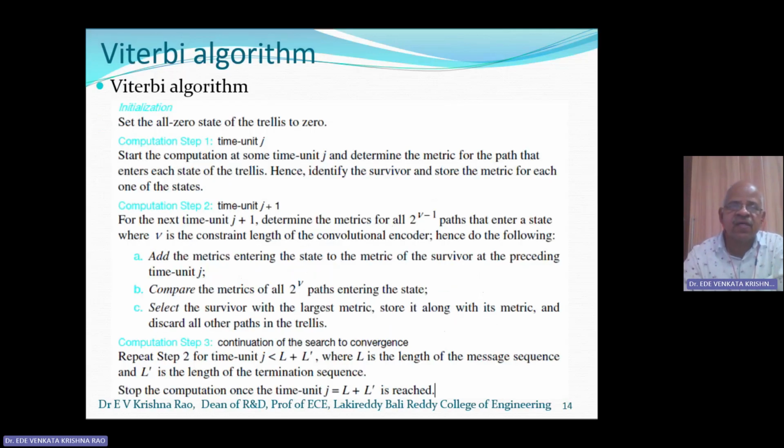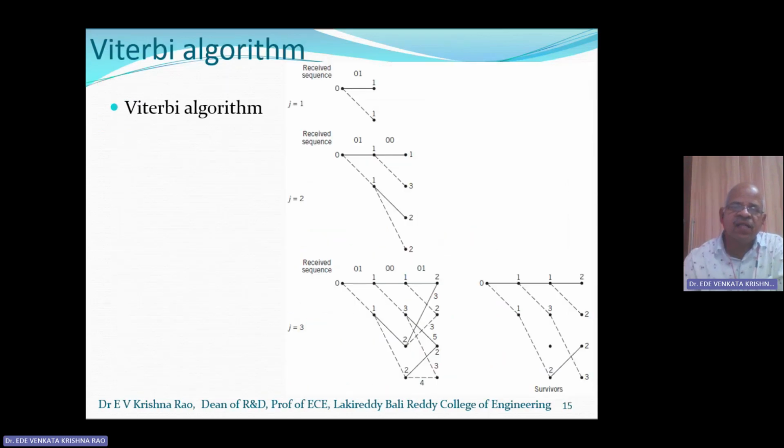So this is the procedure example, and in each path, one error in this path. Let us take one more: two errors, or in this one, one error, 2 errors in this, 1 plus 2, 3 errors, like that. In every path, the number of errors increases. Only the shortest number of errors can be taken.